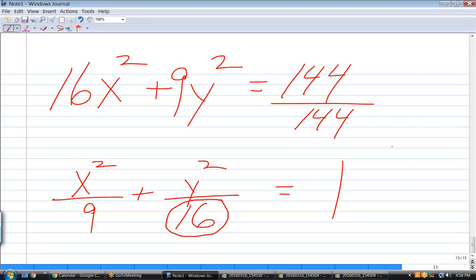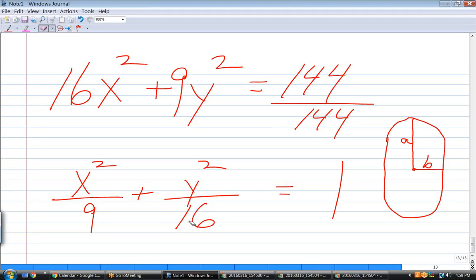So the long axis has to be along the y-axis. In other words, that's measured along the y-axis. The B is measured along the x-axis. So if the y has the bigger number under it, then that's A. And it's a vertical ellipse. Switch these two around, and it's a horizontal ellipse. Switch the two denominators around.